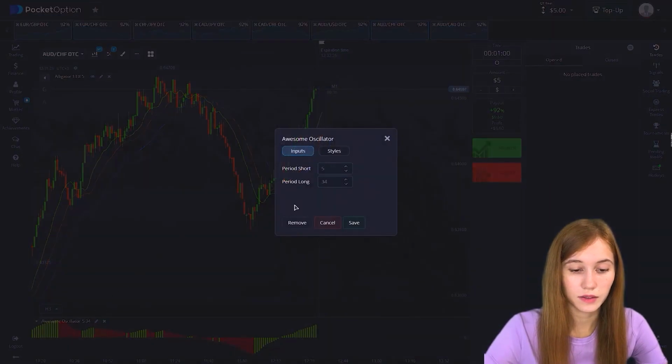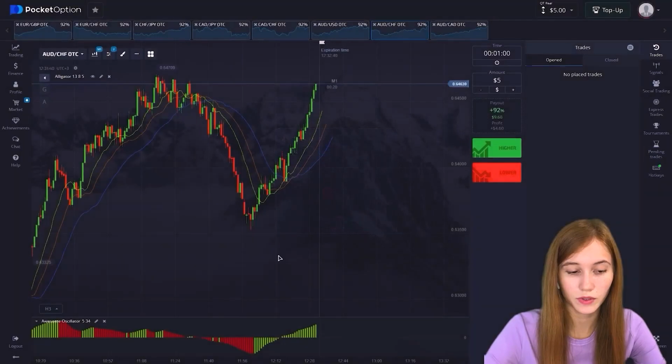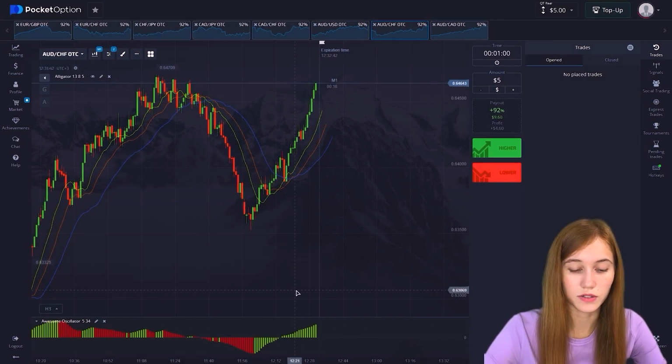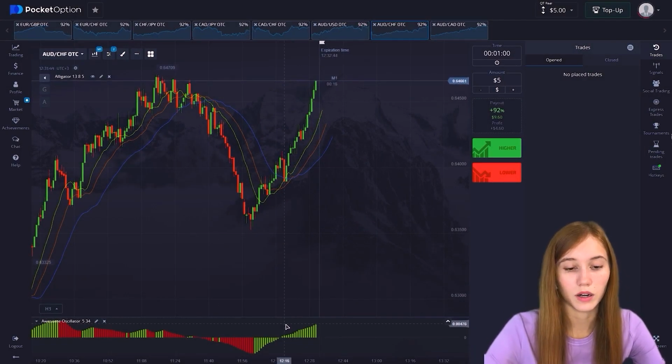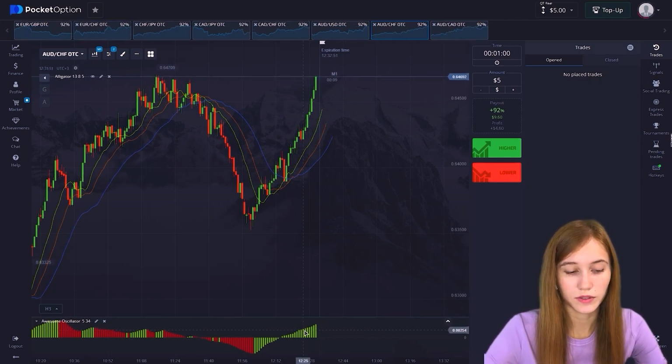And the second indicator, the oscillator, is located at the bottom of the screen. Its settings, I won't show for long. This indicator mirrors the mood of our market. It shows what the market is like at the moment. Thanks to this indicator, you can determine whether the market is bullish or bearish.